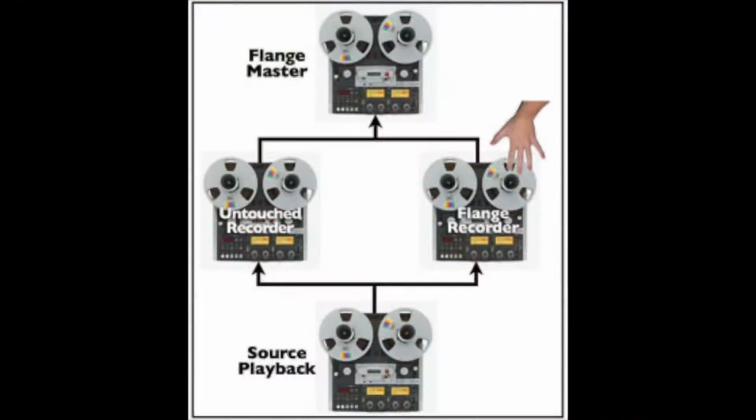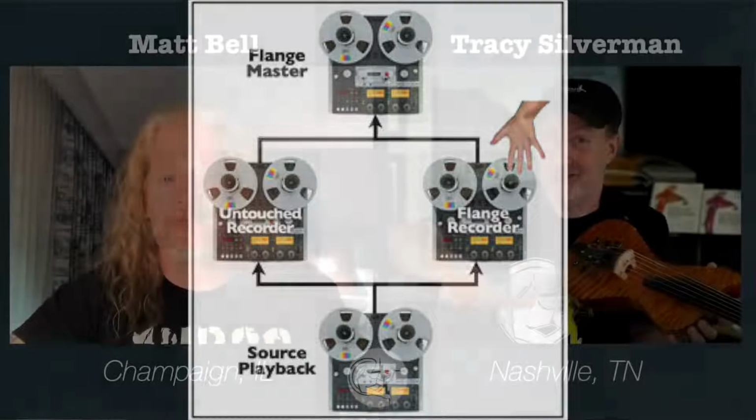And flanging gets its name from how they originally created this effect, which was they would take a tape machine with reel-to-reel tape, and if you put your hand on the flange, the hub of the tape, like where it sits on the tape machine, and you just kind of slow it down, like you're trying to slow the reel down so that it doesn't move at the right speed.